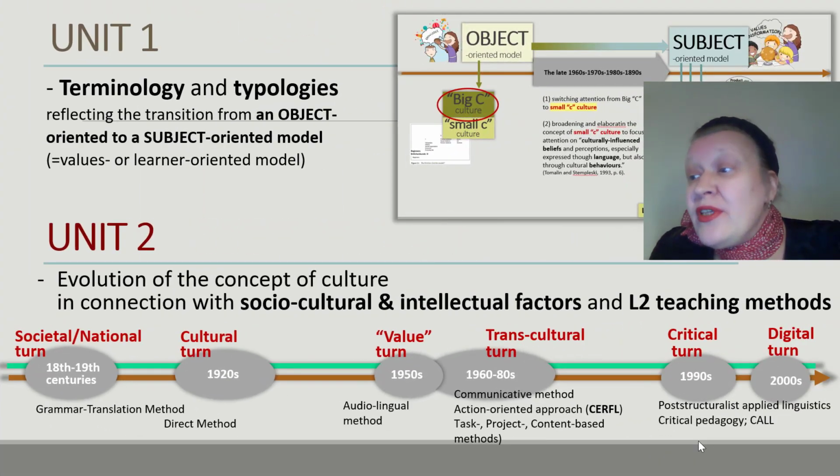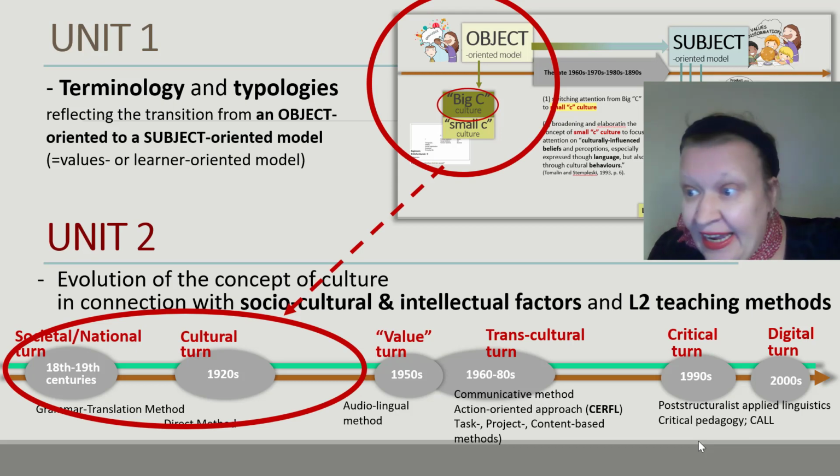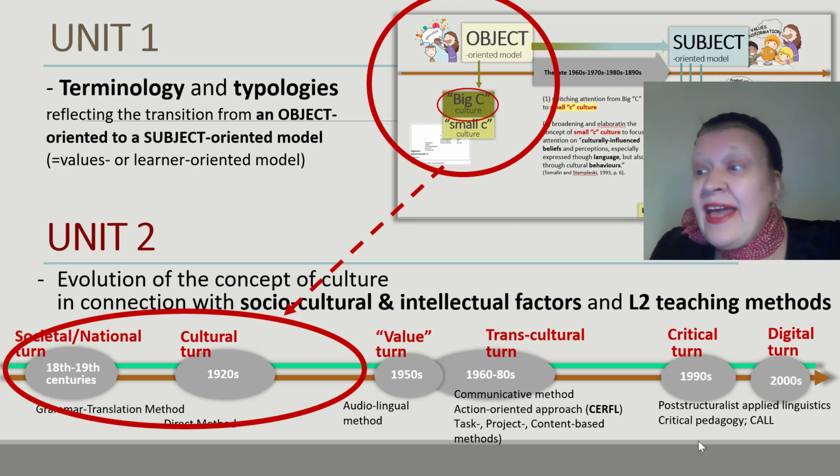We will focus on the emergence of the object-oriented approach in the period covering the 18th, 19th, and mid-20th century. And our exploration will be accompanied by examples found in vintage second language textbooks.